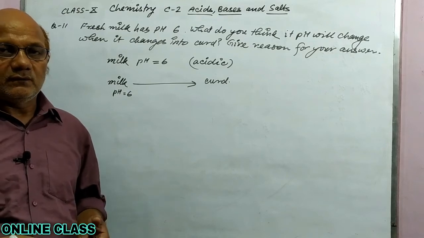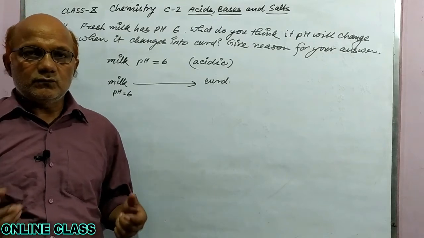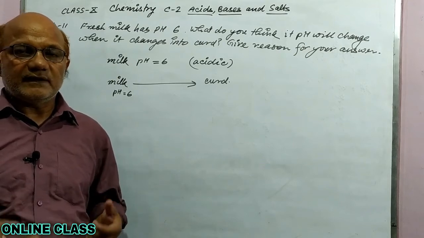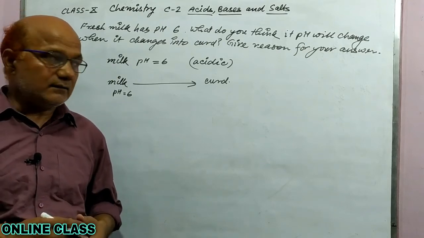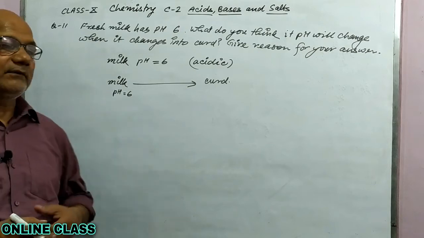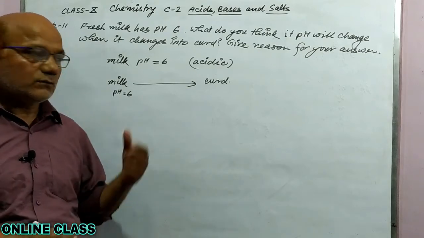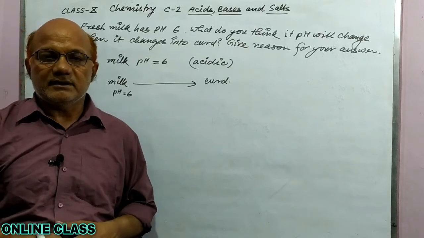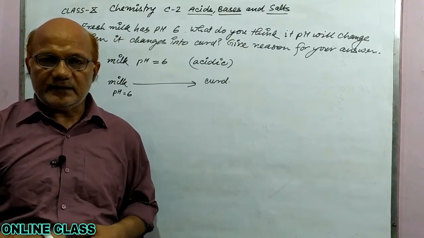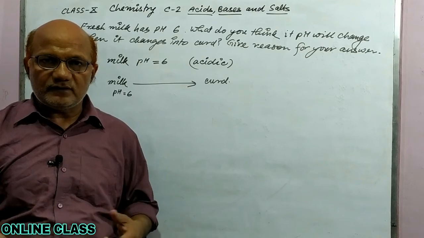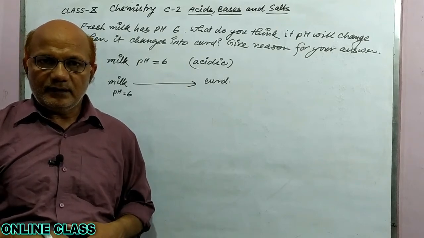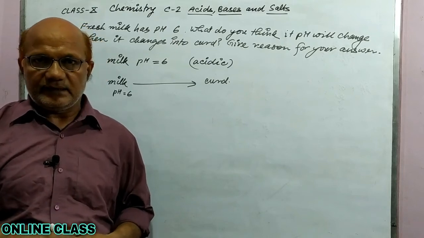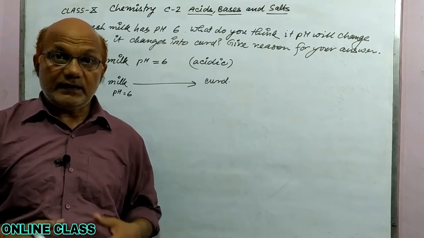As you know, due to some bacteria, they produce some acid, and due to that curding of milk is done. So milk changes into curd in presence of some lactobacillus bacteria, which produces some acid, and it means some acid gets mixed with the fresh milk. So what will happen to the pH?